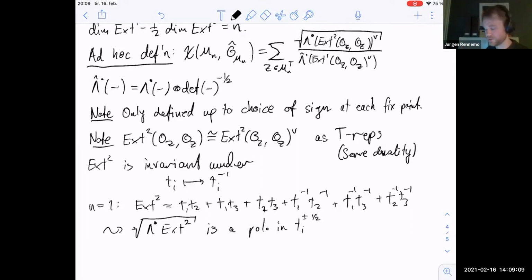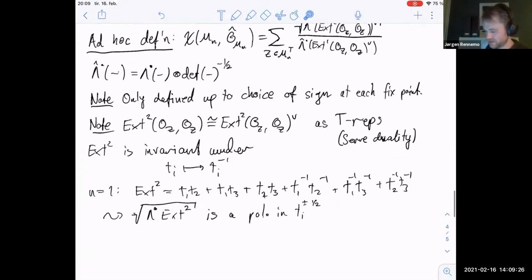Anyway, if you spell out what this definition tells you to do, it's going to give you a rational function at each fixed point, but there's a sign ambiguity here.